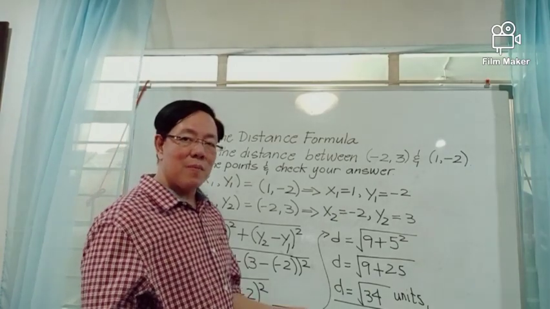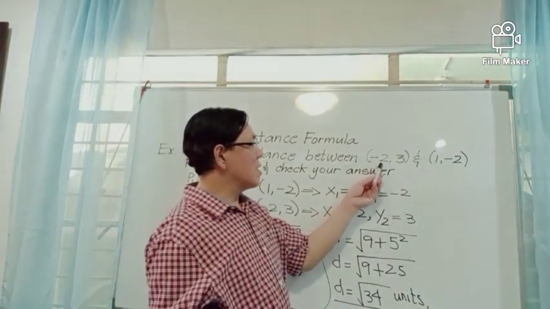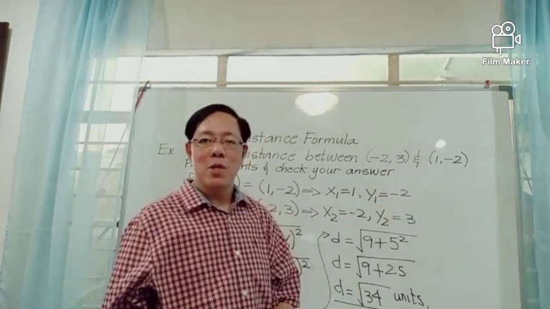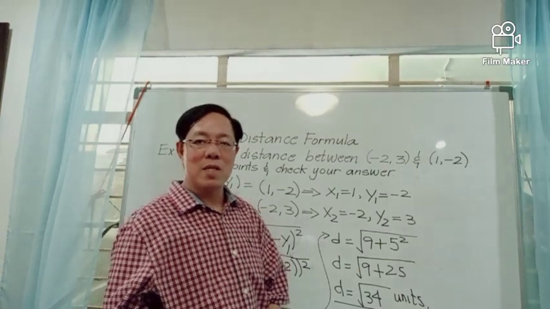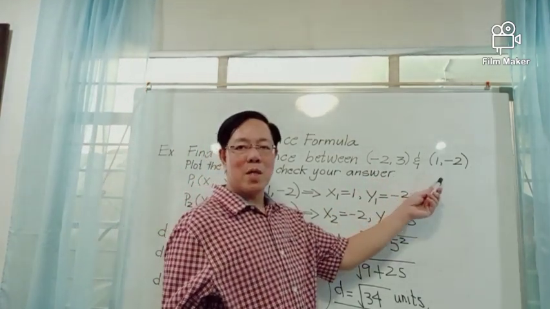So you can see from this result that regardless of which of the 2 given points you take as P1 or P2, you will get the same result for the distance between the 2 given points.